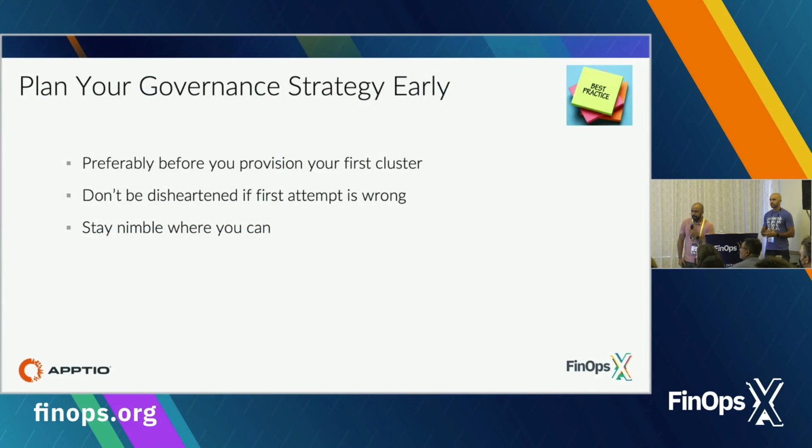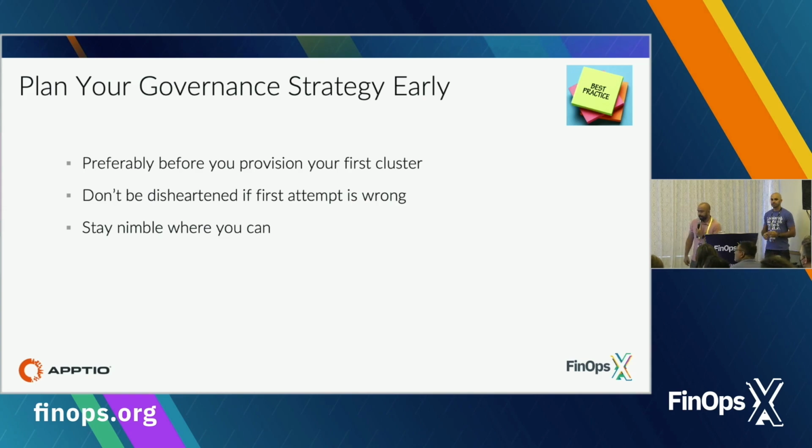The first one is to plan your governance strategy early, preferably even before you provision your first cluster. If you don't have a strategy, you might run into over-provisioning or under-provisioning your resources. Not having an allocation strategy will also challenge you, as you cannot assign accountability to the teams utilizing those resources.